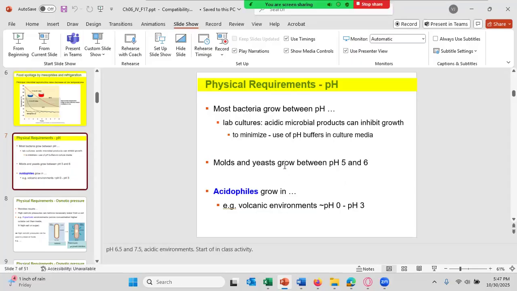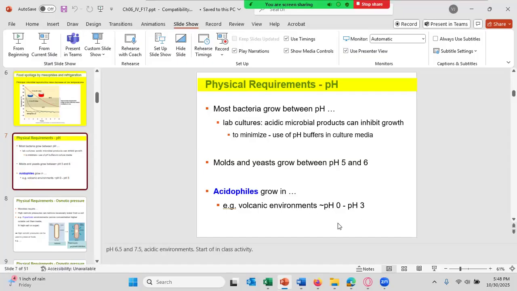What you could do is put the mold and the yeast in an even more acidic environment, like pH 4 or less, and then they can't grow, at least not very rapidly. Acidophiles are organisms that grow in acidic environments, such as a volcanic environment, where the pH can be between 0 and 3.